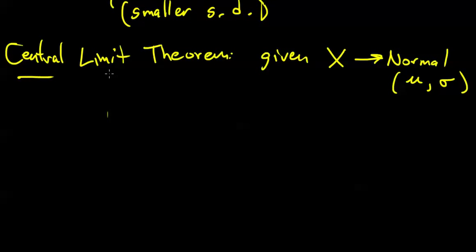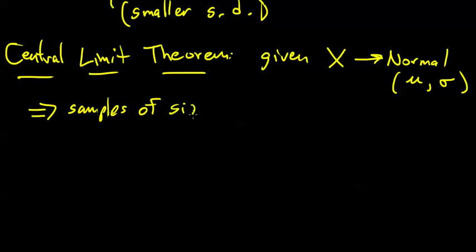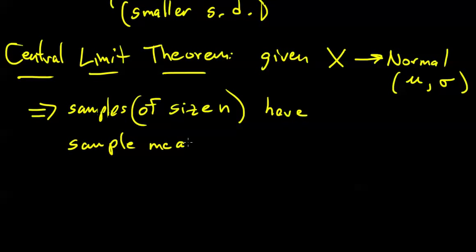then I can say this, using the above discussion as a motivation. I could say samples of size n, and little n will refer to the sample size as usual, have sample means that are normally distributed.